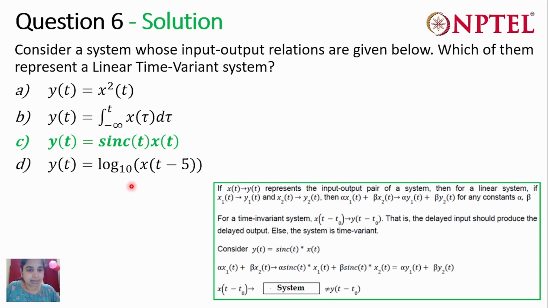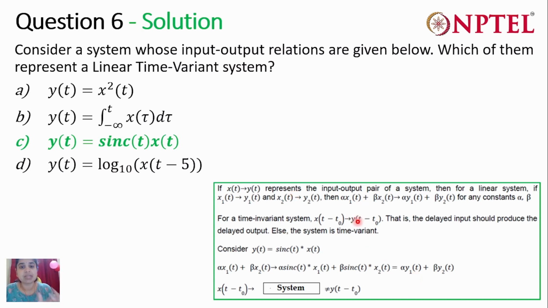If you take this signal y of t, sinc of t into x of t, with alpha sinc of t x1 of t plus beta sinc of t x2 of t, it will again be the same. We can write it as alpha into y1 of t plus beta into y2 of t. It's shown here. So it follows the properties of a linear system.